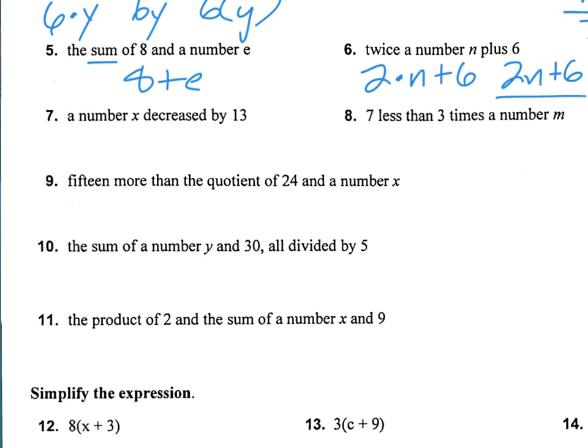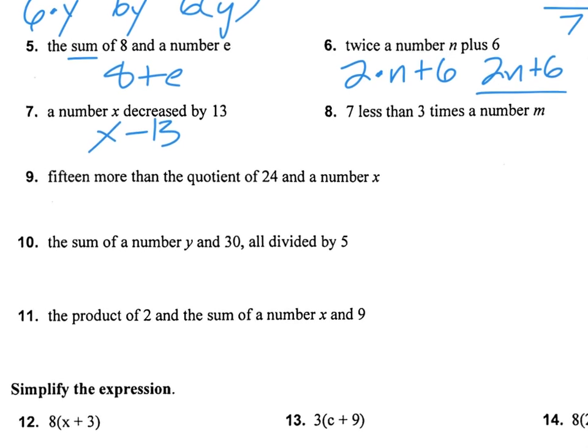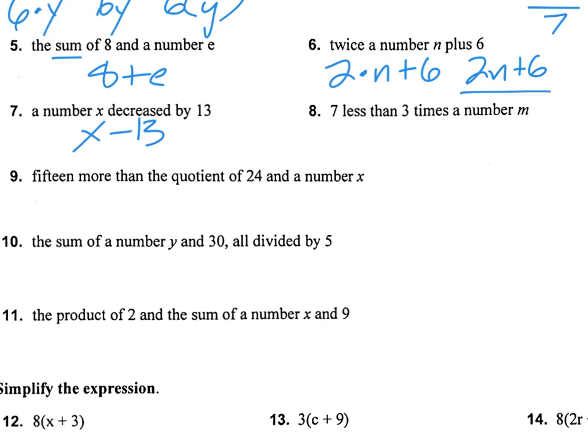Number 7, a number x decreased by 13. So x minus 13. Number 8, 7 less than 3 times a number m. Whew, that's a lot of stuff. So 7 less than 3 times a number m. So 3m minus 7.